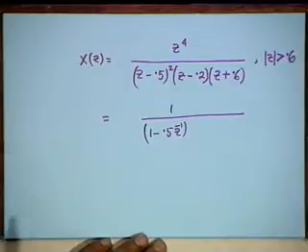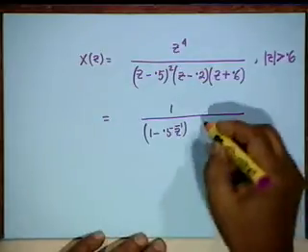Because we know the inverse transform of 1 by 1 minus alpha z inverse. Okay.